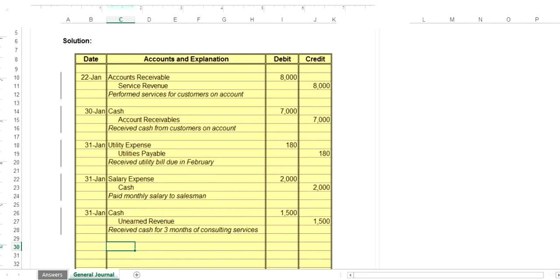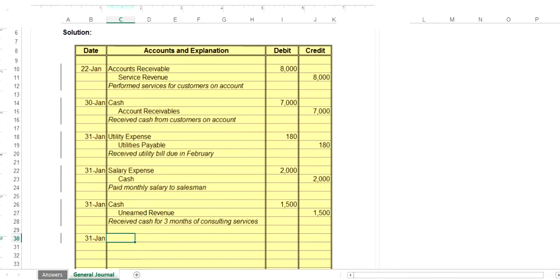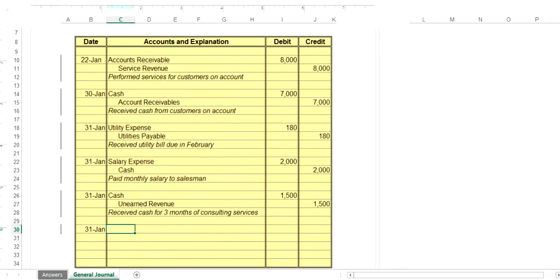Okay, and looks like we have one more transaction in this problem. On January 31st, cash dividends of $1,000 were paid to stockholders. So we are going to debit dividends. And dividends is not an expense account.